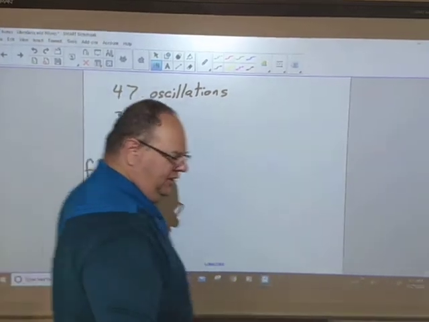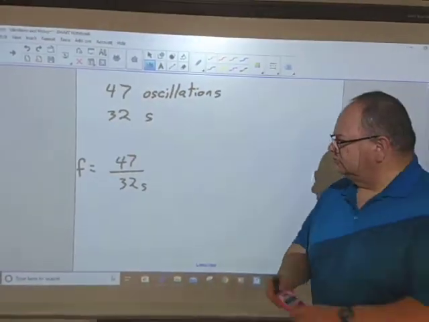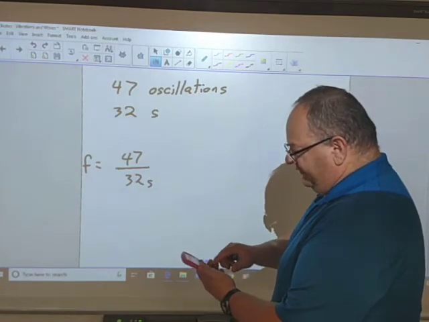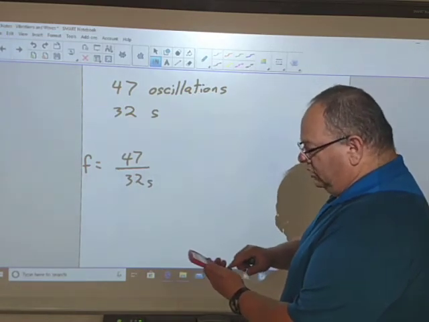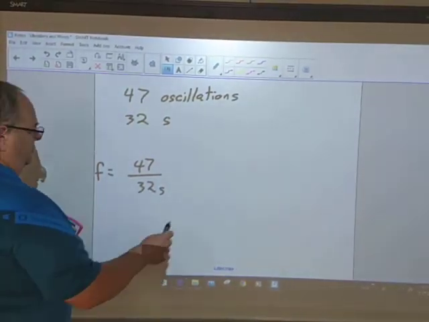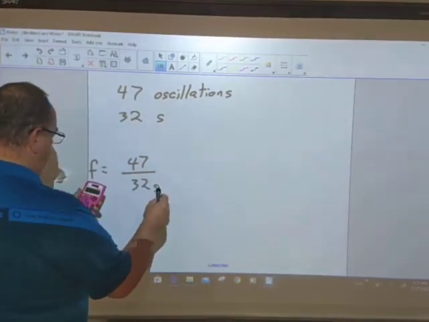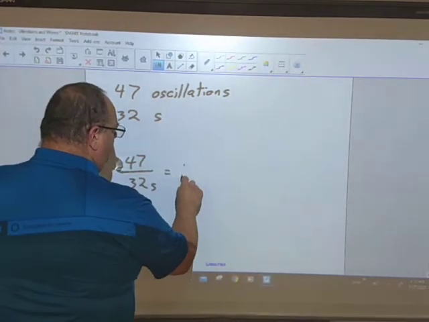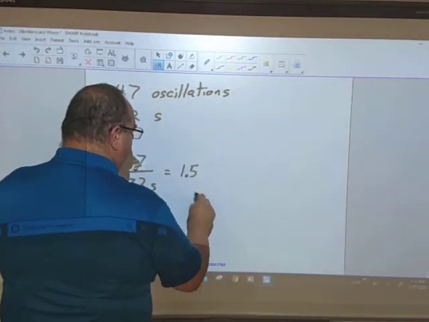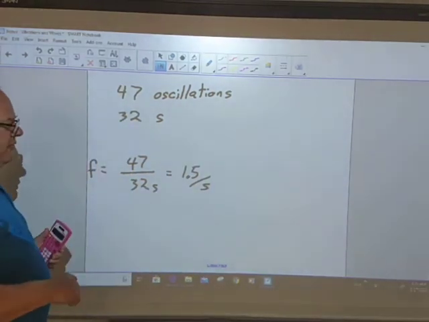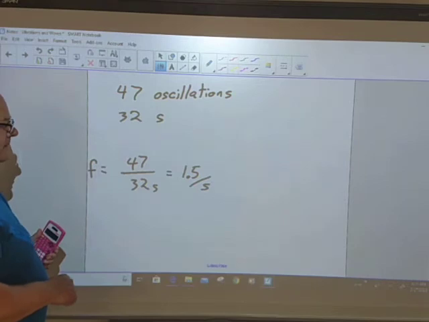Number per second. And if we divide that out, 47 divided by 32 equals, I guess I only got 2 sig figs with this, so this would be 1.5 per second. It would be 1.5 oscillations happening per second.